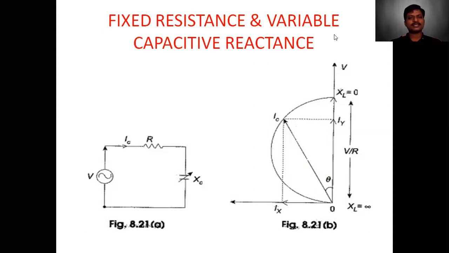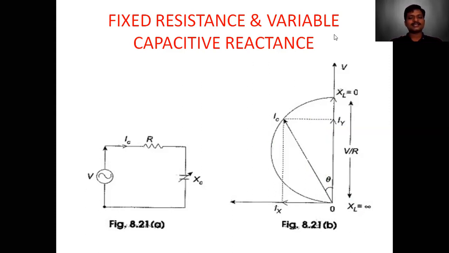So in a similar fashion, whenever you take an RL or RC circuit, whether it is variable reactance or variable resistance, you are going to get a semicircle as the locus.